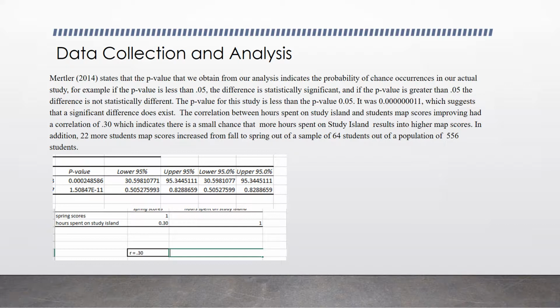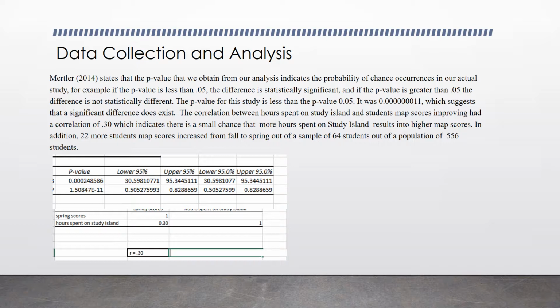And the correlation table shows a weak correlation in regards to the time students spent on Study Island and their scores. So my correlation was 30 hundredths, which is rather low. That tells us that more time spent on Study Island did not necessarily indicate that a student's test score was going to increase, because some students may not need as much time as other students, and their needs vary.